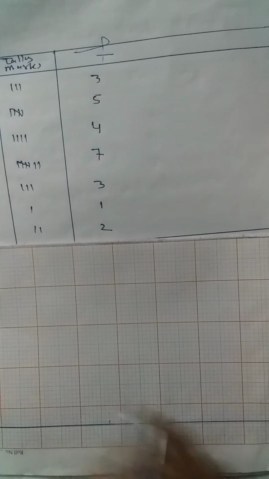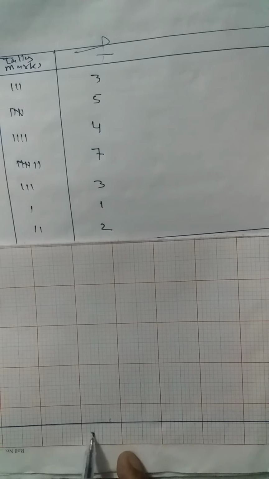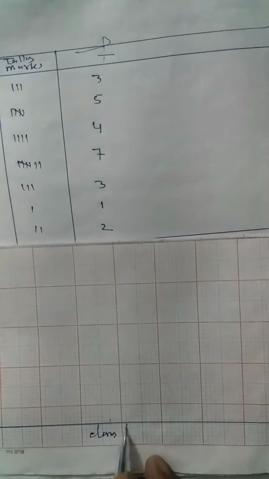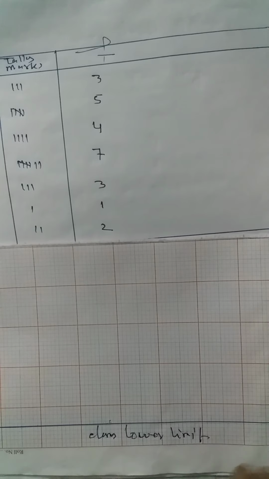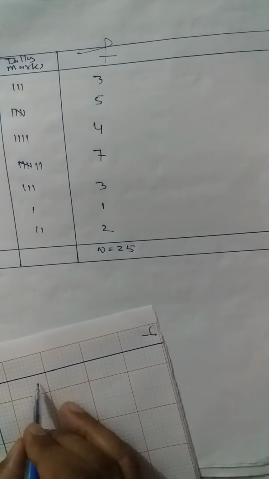OX axis, Y axis. The OX axis is the class lower limit and the Y axis is frequency.